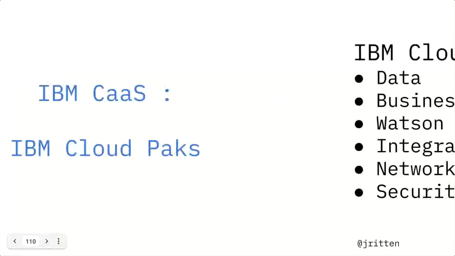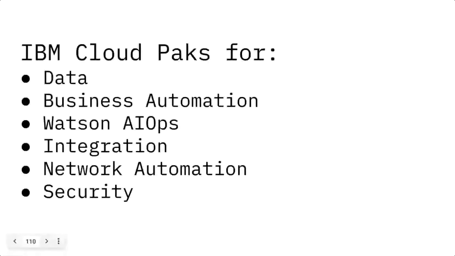So we have IBM Cloud Packs for data, business automation, Watson AI Ops integration, network automation, and security. So these are a bundle, a package of service offerings for each type of containerized need that you have.